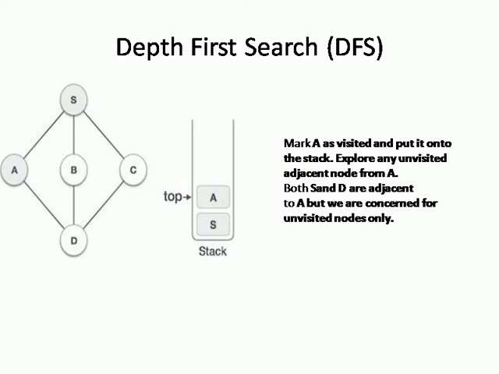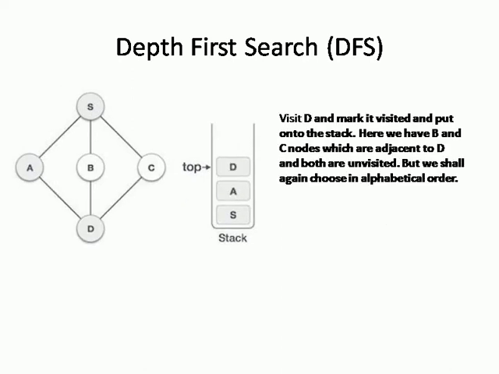Now the next rule is to explore any unvisited adjacent nodes from A. The node A has 2 adjacent nodes S and D, but S is already visited, so we are concerned only with unvisited nodes of A. So we consider the node D for visiting. After visiting D, we mark it as visited, then we push the node D onto the stack.